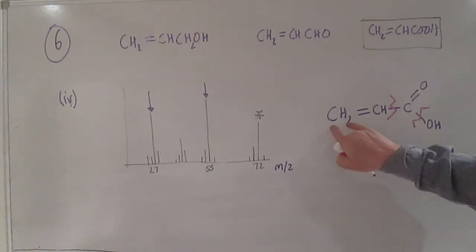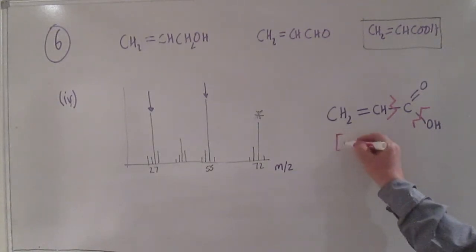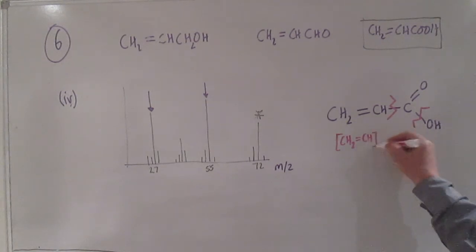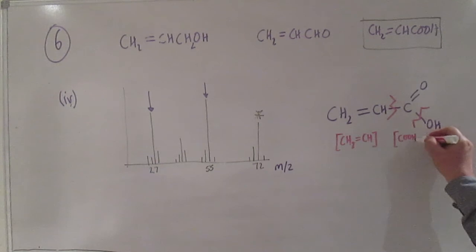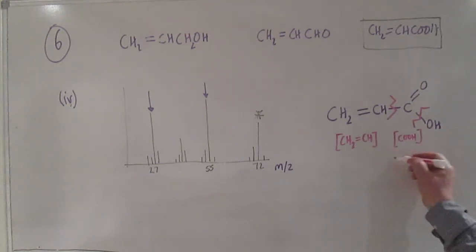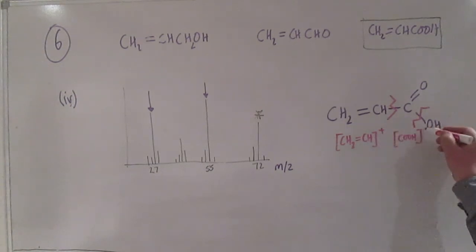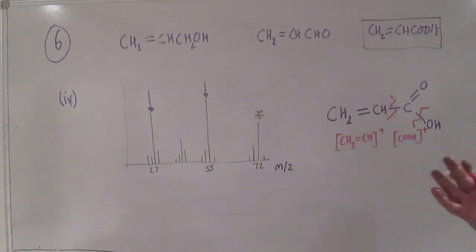So if we break there, we can just add up what the masses on each side will be. So CH2, CH on that side, or COOH on this side, would give you an m over z of, if these were the positive ions. Remember, it's hard to predict which one or ones will form positive ions, so we just have to consider all the possibilities.